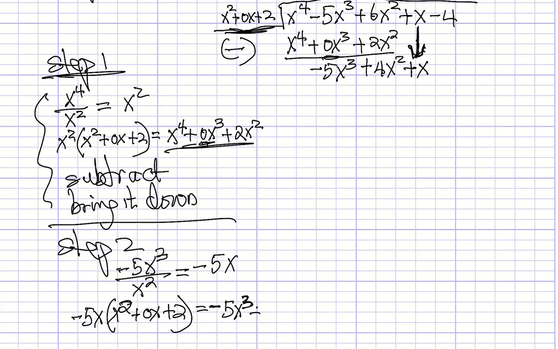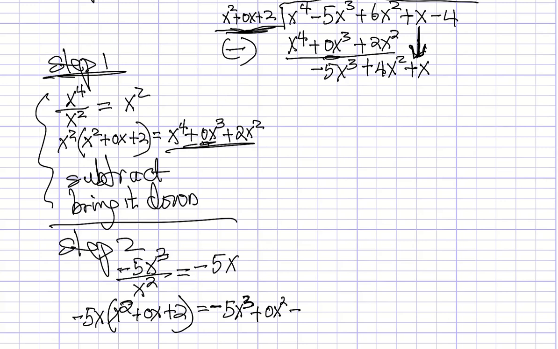And that's plus 0x squared, and then negative 10x. You see that, right?